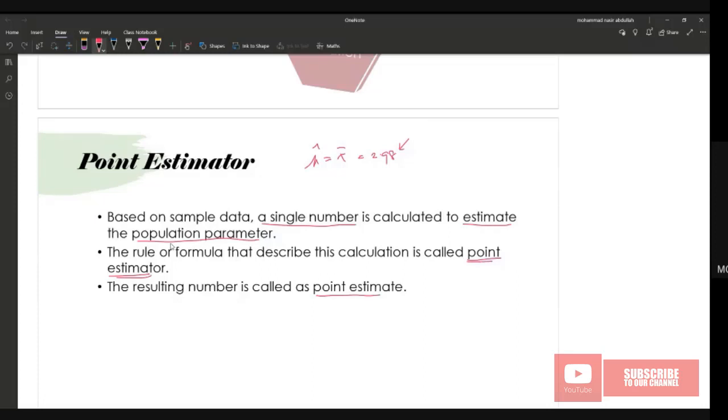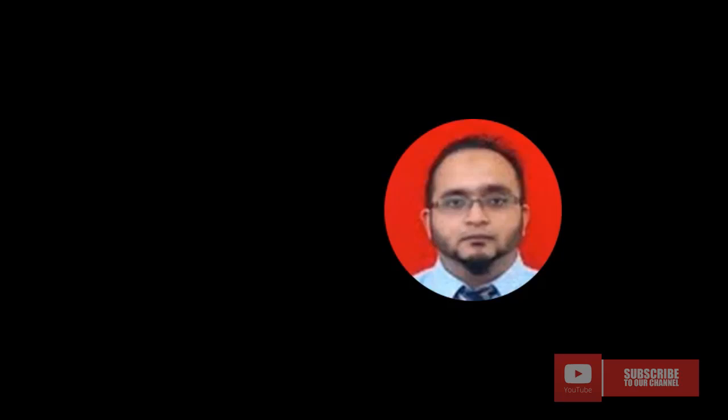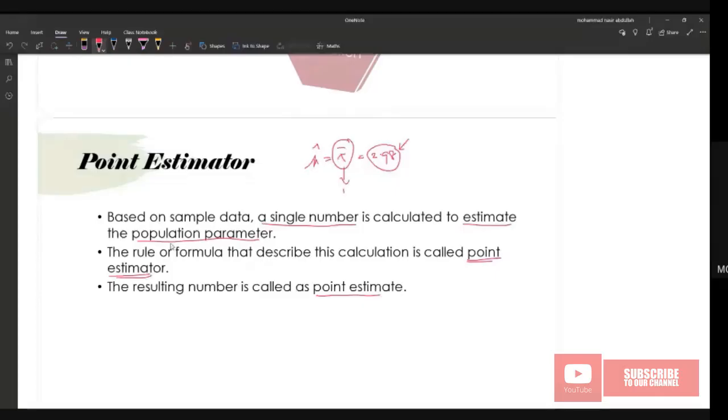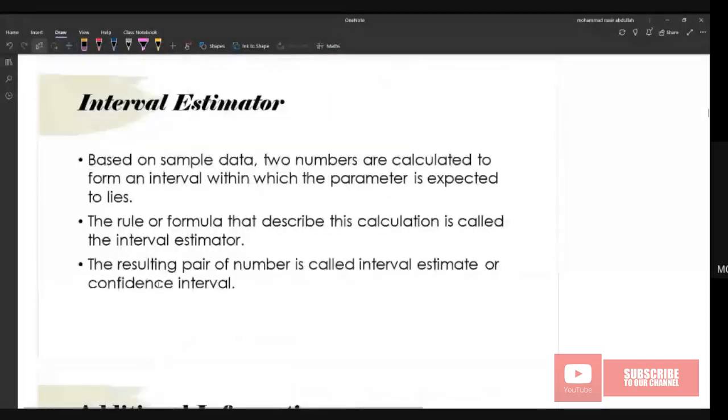Again, this is a point estimate, and this is a point estimator. Now the interval estimator: based on the sample data, two numbers are calculated to form an interval within which the parameter is expected to lie. The interval estimator, in other words, we call a confidence interval.